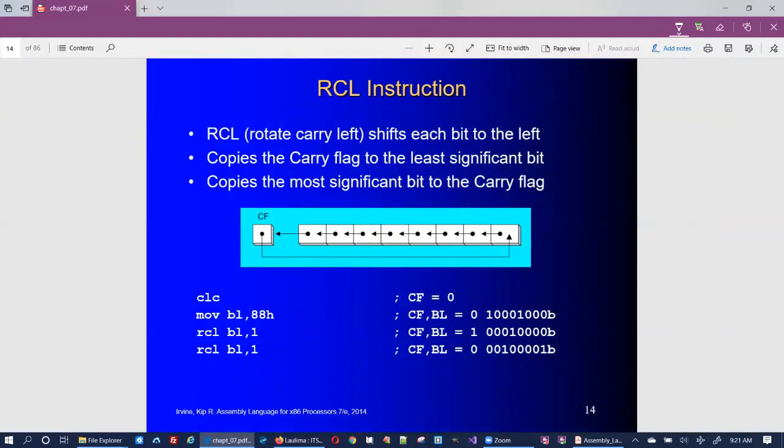Rotate carry left shifts each bit to the left and copies the carry flag into the least significant bit. So we're going left, and all the bits get shifted up. It's like multiplying by 2, except whatever was in the carry bit gets shifted into the lowest order bit.